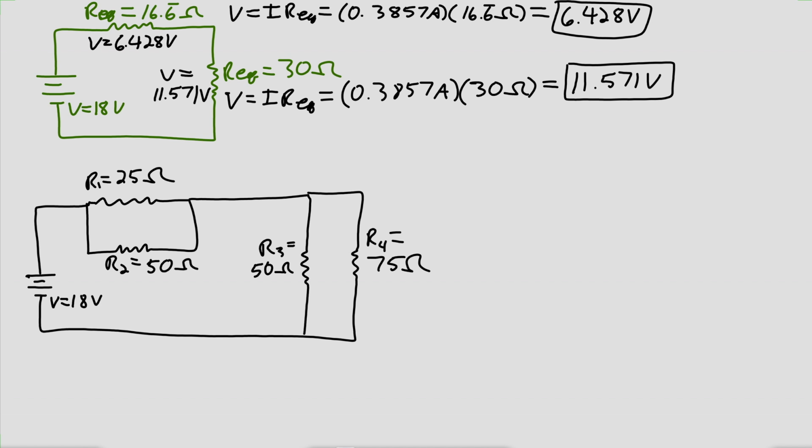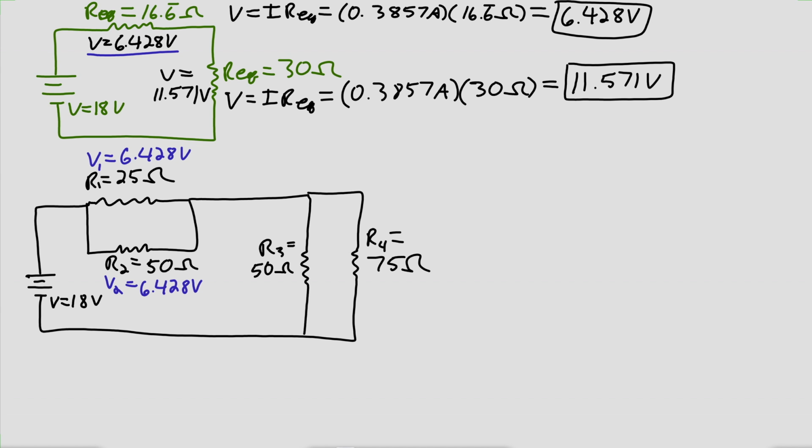If I look up here, the voltage drop across the first equivalent resistance is V equals 6.428 volts. Well, I actually know that that is the voltage drop across this one and the voltage drop across this one, 6.428 volts.